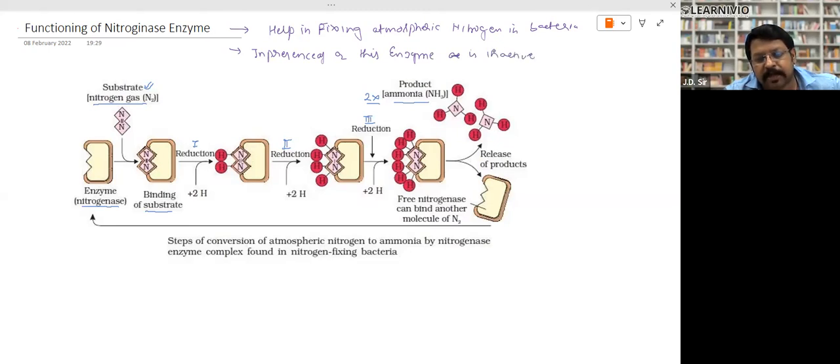So when will it become active? It will become active in the absence of oxygen, that is, an anaerobic environment.